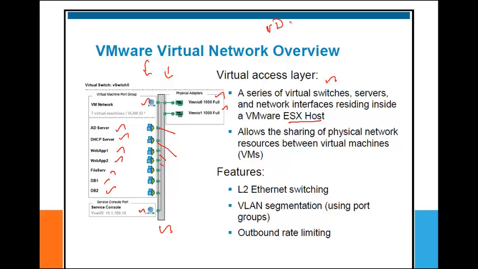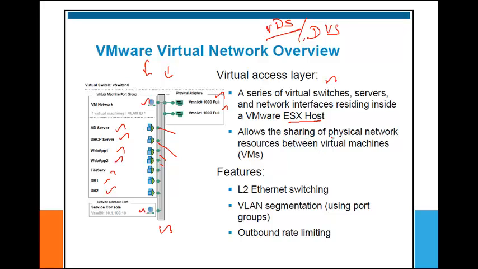The distributed virtual switch will group virtual switches together as one cluster. That's what we call DVS or VDS. Even Nexus provides the same VDS, virtual distributed switch. So this is how the virtual access layer looks.